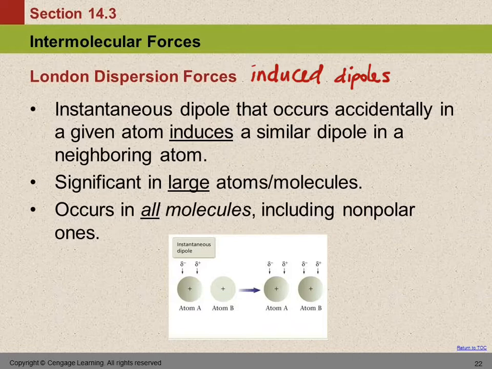Okay. So these London dispersion forces or induced dipoles happen kind of accidentally or spontaneously. Here we have an illustration of an atom, and the electrons are on the outside of the atom, and the protons and neutrons are in the nucleus.